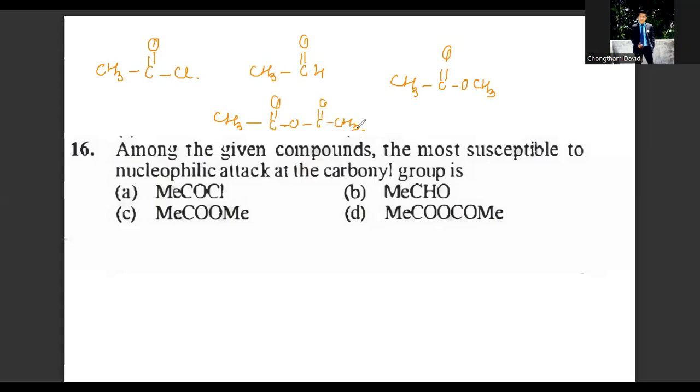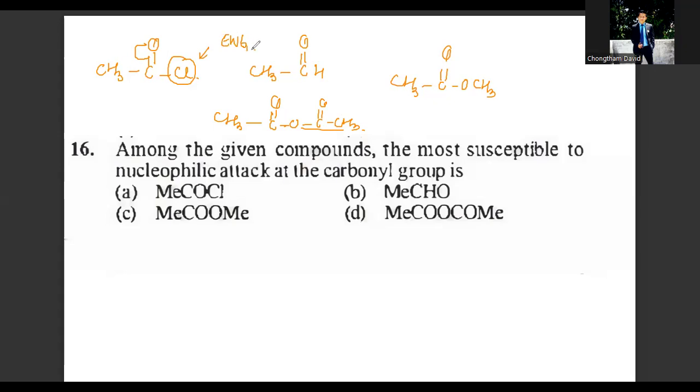So chlorine, being more electron withdrawing than oxygen, will develop a partial positive charge on this carbonyl carbon. Since this chlorine is more electron withdrawing in nature as compared to oxygen, when you look at all these, there is an absence of chlorine, and this is an electron withdrawing group.